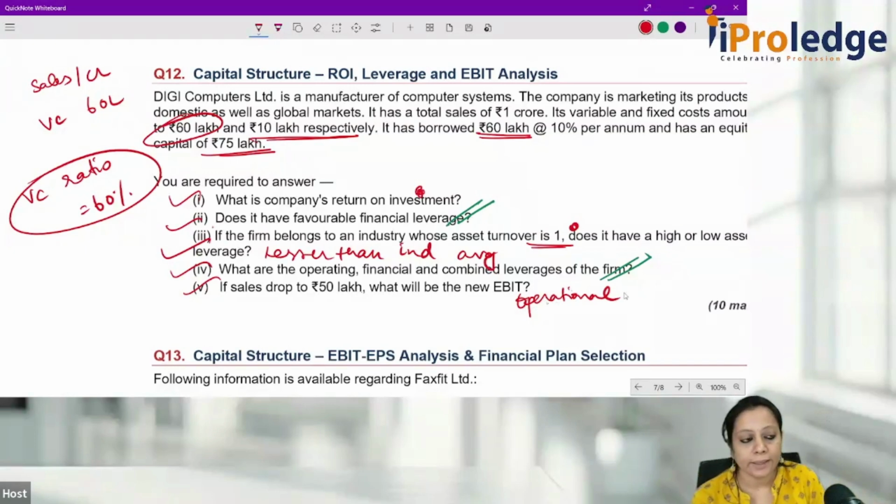For the things that we have not done problems, I want you to do the problems so that we can start with the other concepts also.